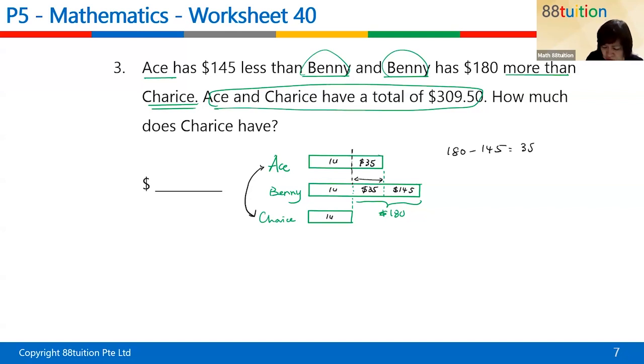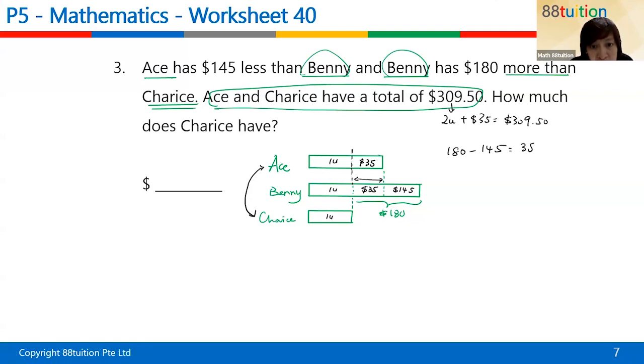That will give you the total, because A's itself is 1 U and 35. C is 1 U. So technically, this will give you 2 U plus 35, which gives $309.50. So in order to get down to 2U, let me check what Marissa says.